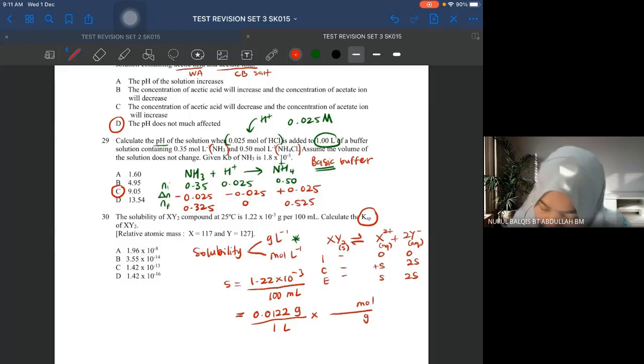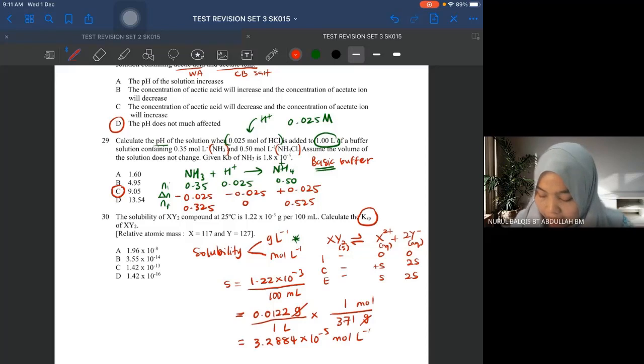Lastly you get 371 as its atomic mass. So this is for every 1 mole. So we just convert, simplify the unit, cancel out the gram. Lastly, your solubility you will get 3.2884 10 to the power of negative 5 mole per liter.